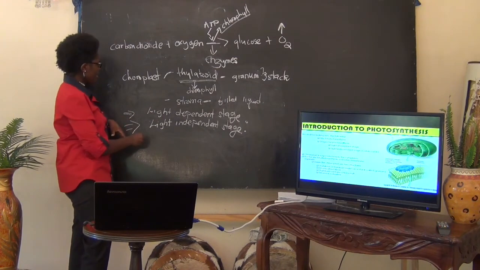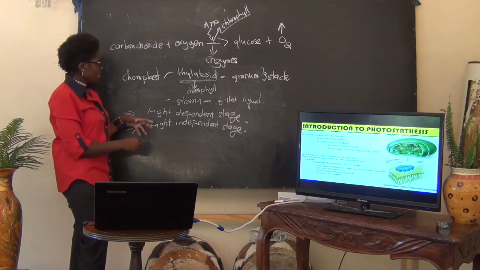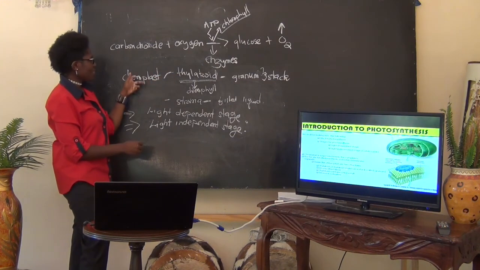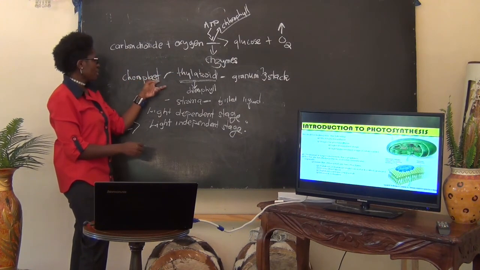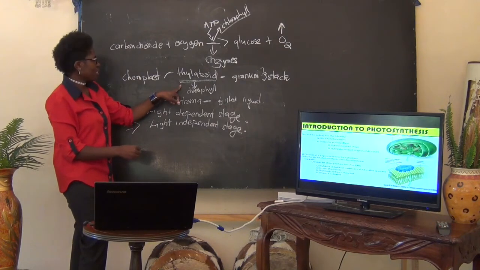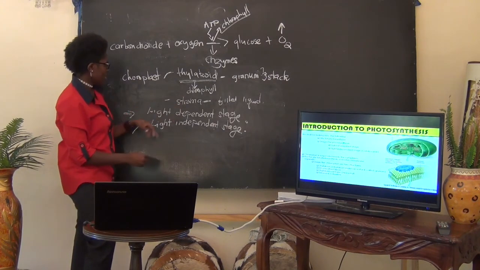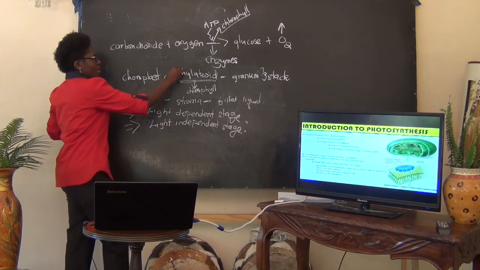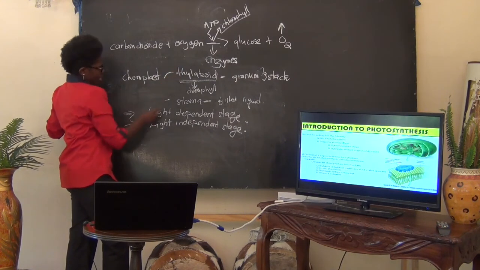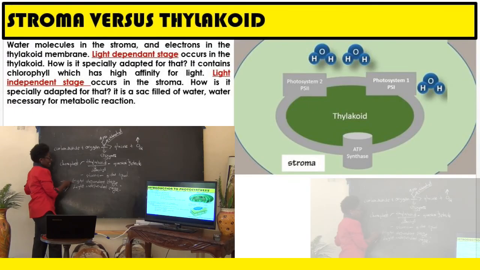And right now we'll say that the stages of photosynthesis are 2, and the structures that we have narrowed down as far as the chloroplast is concerned, so we have the thylakoids and the stroma. So in other words, one of these structures has got something to do with the light-dependent stage, and the same can be said as far as stroma is concerned.